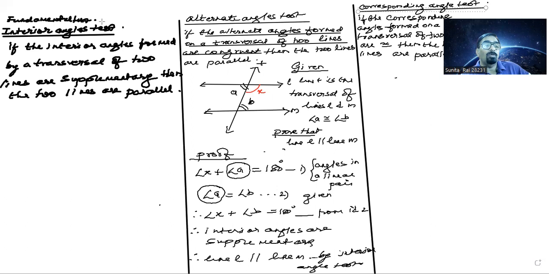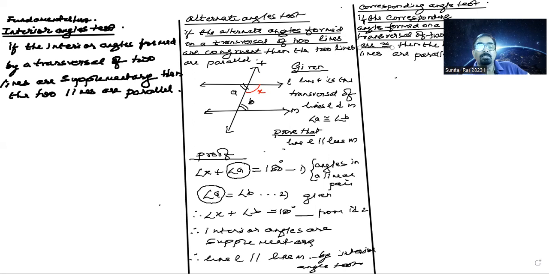I said always with if. Whatever follows if is your antecedent. So what is the antecedent? The corresponding angles formed on a transversal of two lines are congruent.